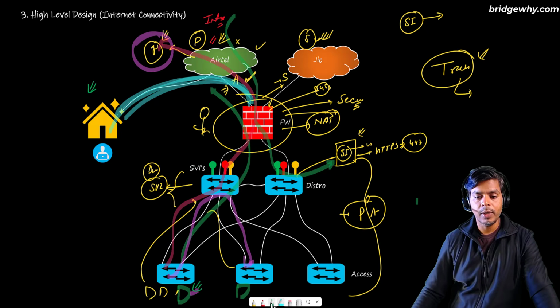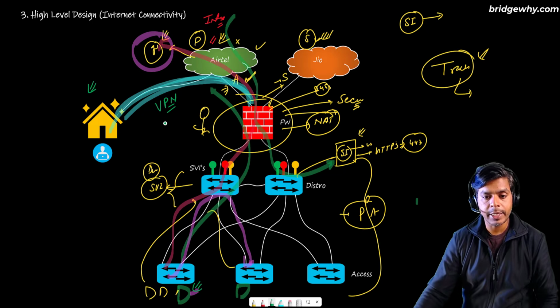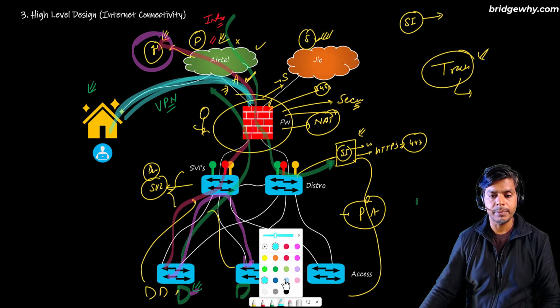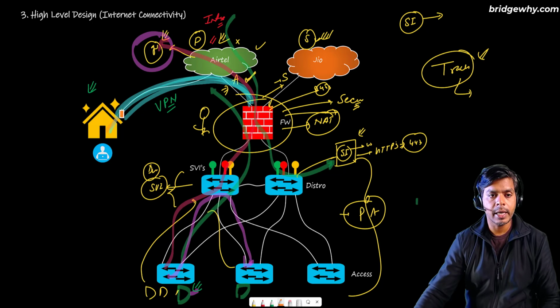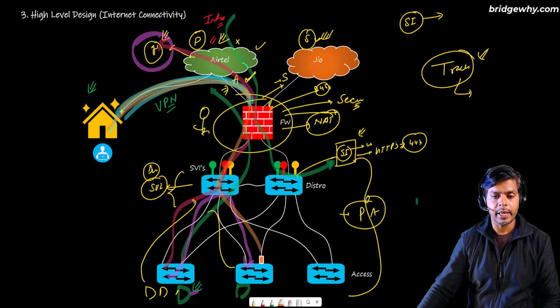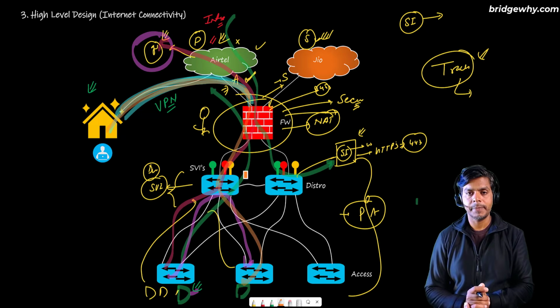And by the way, we call this a virtual private network. So when this connection is private, or secure, now this guy, let me draw with maybe some other color, maybe this color, can travel over this blue tunnel and then come inside via the firewall and reach the enterprise resources. As simple as that.